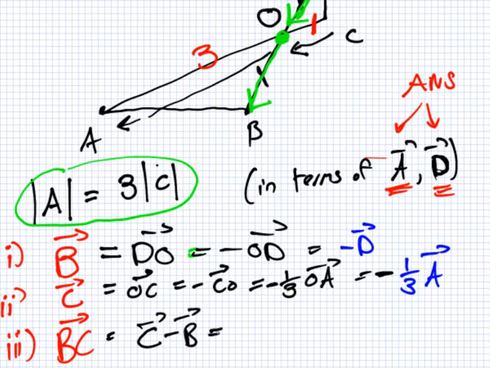Which is going to be minus 1/3 A minus minus D. So minus 1/3 A plus D. Same mistake? Yes, plus D, because it's minus B and B is minus D.